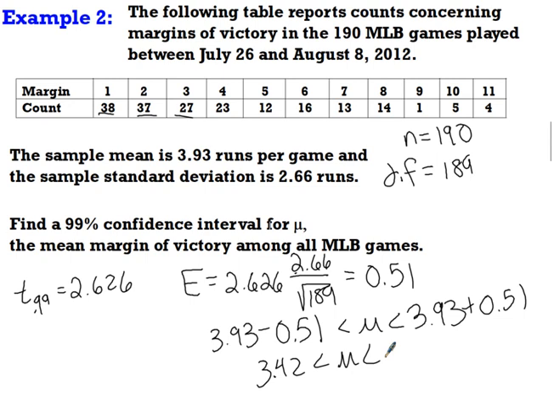And adding that onto there, I get 4.44. So we're 99% confident that the average margin of victory is between 3.4 runs and 4.4 runs.